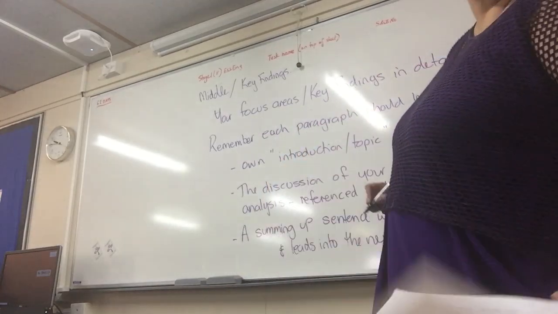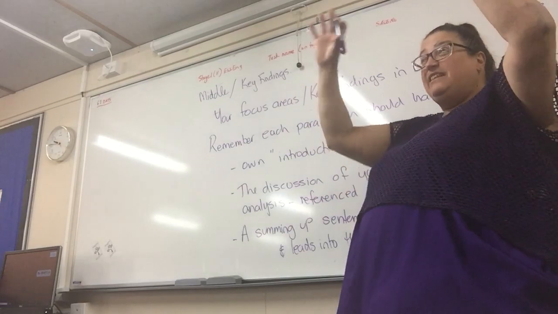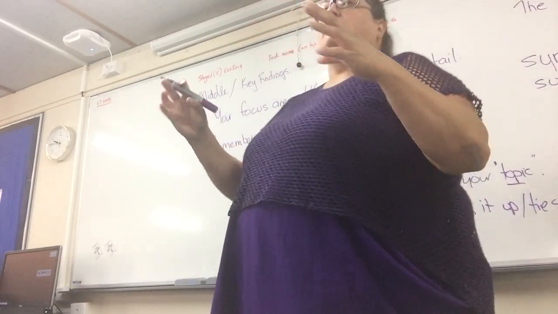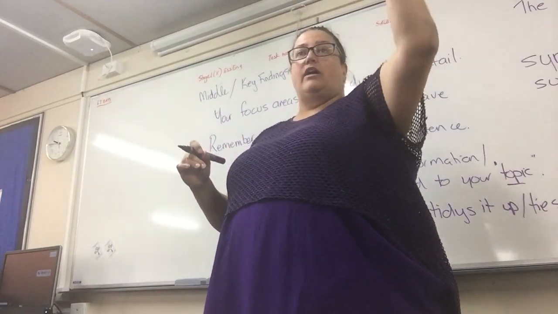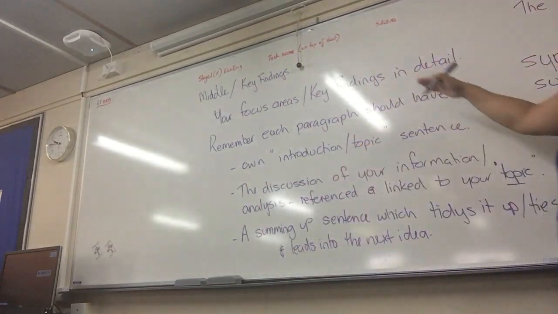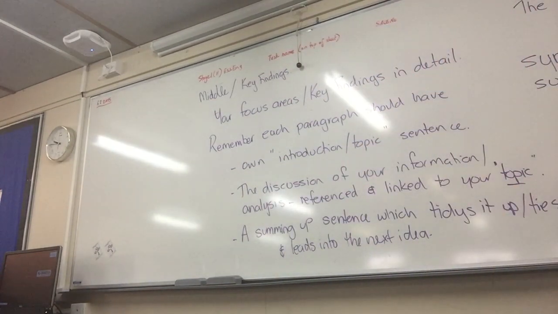Okay, so within the essay itself, which has got those three parts, an introduction, a middle and a conclusion, the paragraphs that you use in the middle almost have that same structure. Okay, the first sentence of your paragraph should tell me what that information is going to be about.